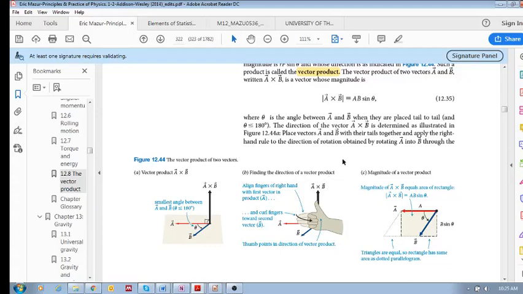Now what about the magnitude? As you can see, the magnitude of A cross B equals the area of a rectangle. We've discussed the direction now. Now the magnitude we know is AB sine theta.